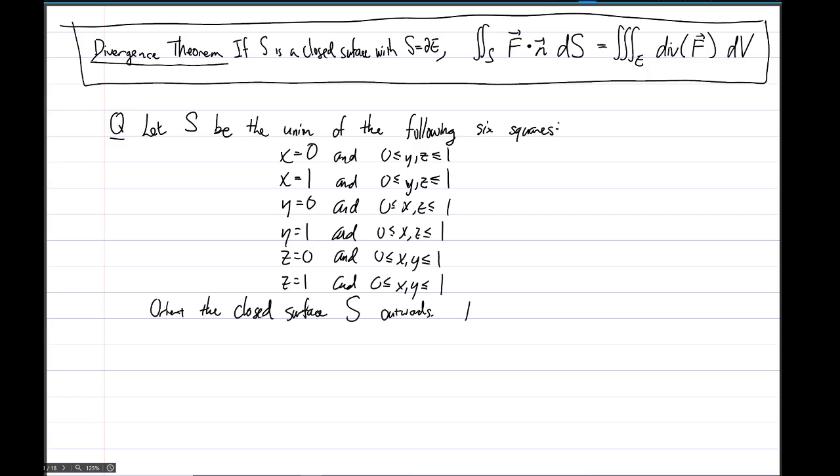And then let's find the flux of the vector field F equaling xy times vector i plus yz times vector j plus xz times vector k across S.